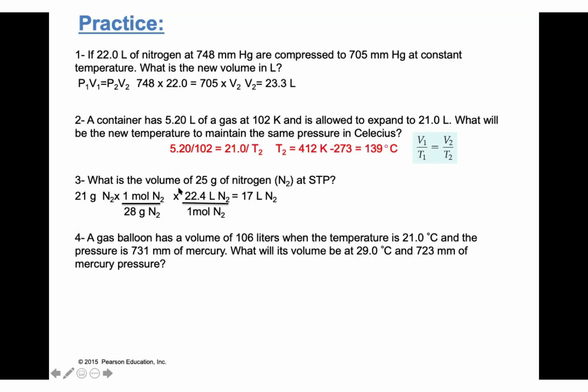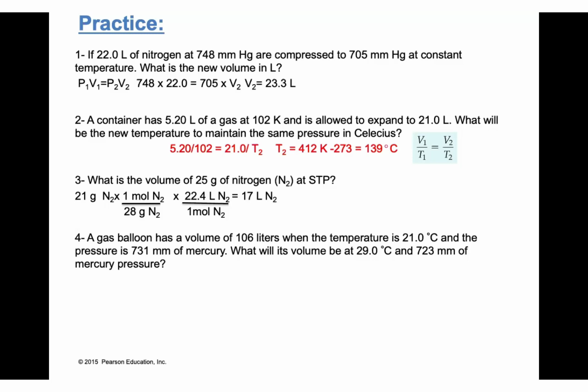If the question asks for volume, usually this works: 1 mole equals 22.4 liters, the molar volume of the gas. Basically the conversion factor always works. I make sure to keep 2 sig figs, the same as in the given number.